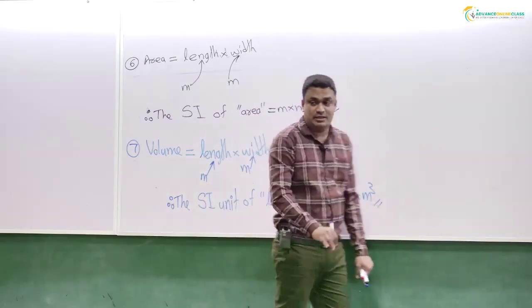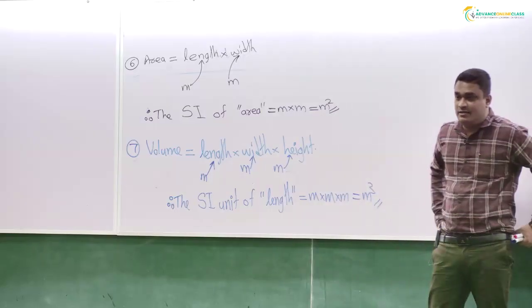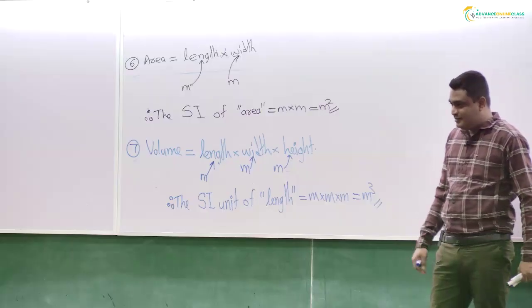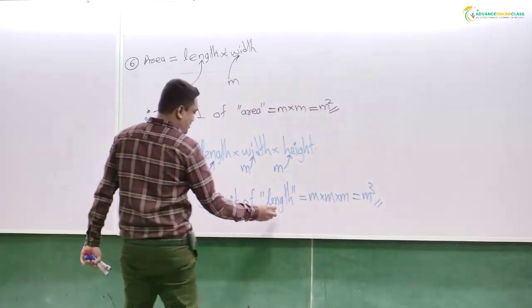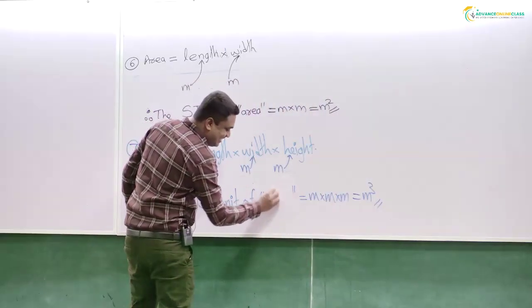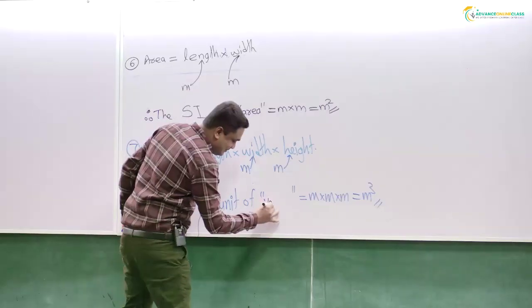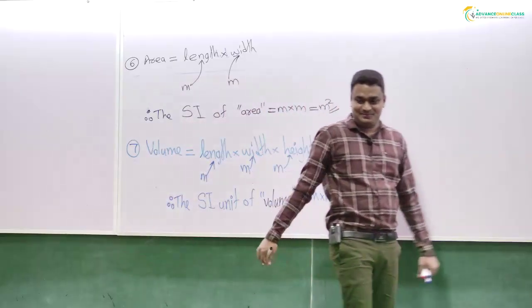We don't say M to power 3. We say cubic meter. Okay? Write them all. SI unit of length. SI unit of volume.